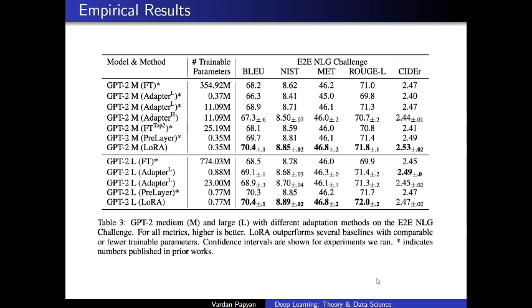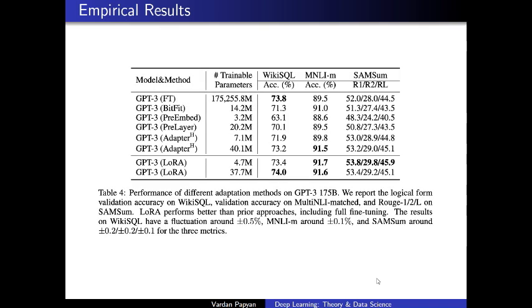These are some other outputs that you can see. LoRA is sometimes even better than full fine tuning. Here you can see GPT-3, and you can compare these two lines that are highlighted here. That's very different. It's very good.